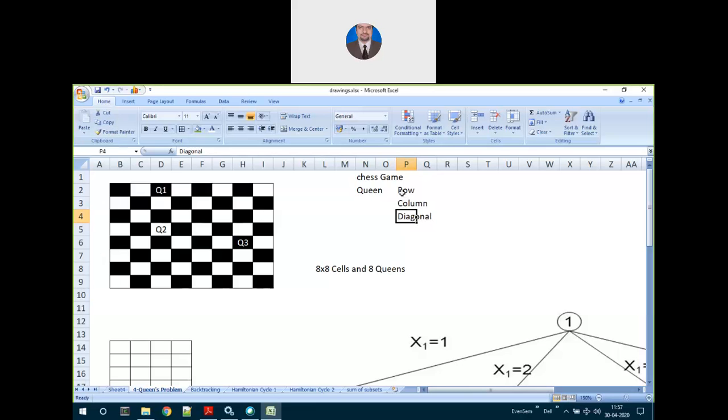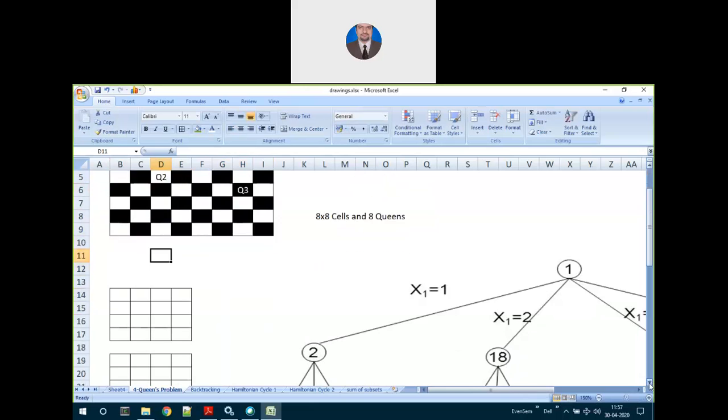So we have to adhere to our bounding function and find the solutions for this n queens problem. Since 8 cross 8 would be very difficult to trace, as per your syllabus we have taken a chess game consisting of a 4 cross 4 board.